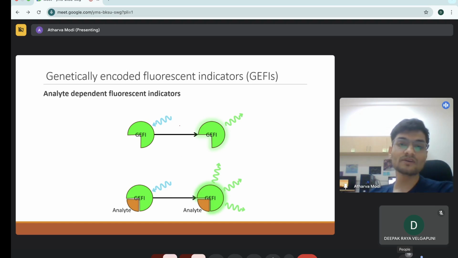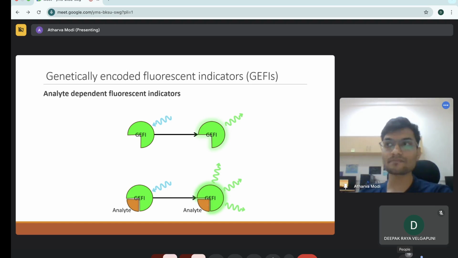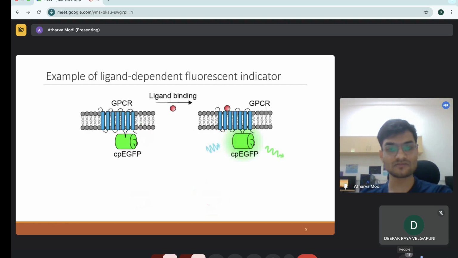So what we are doing is shining the same light and reading the output in the other emission wavelength, and this emission wavelength now can serve as a proxy for the concentration of analyte, right? In the presence of analyte, the emission intensity will be much more than in its absence.